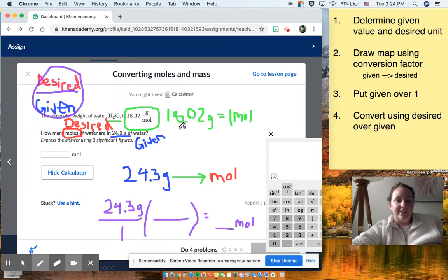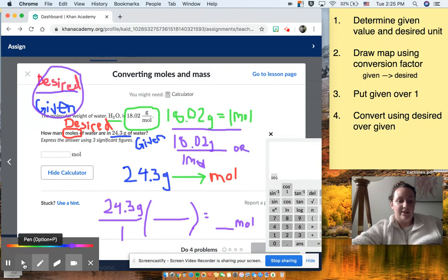Okay, so this is my conversion factor. I just need to set it up in this format, desired over given. So for every single equality statement like this, there are 2 different conversion factors you can make. I can either do 18.02 grams over 1 mole, or I can do the exact opposite of that, right?